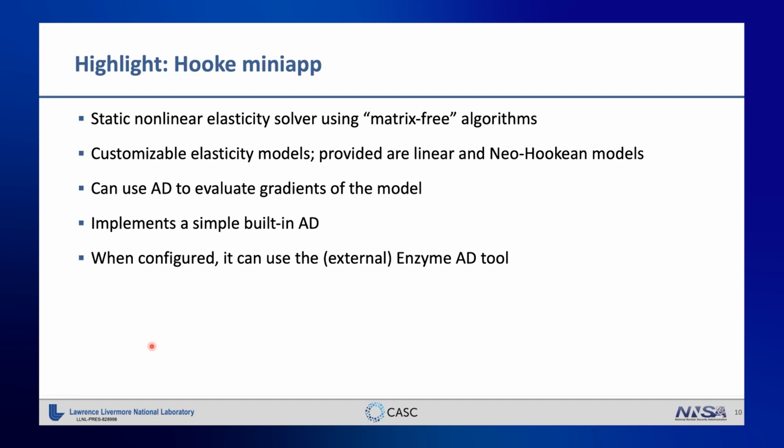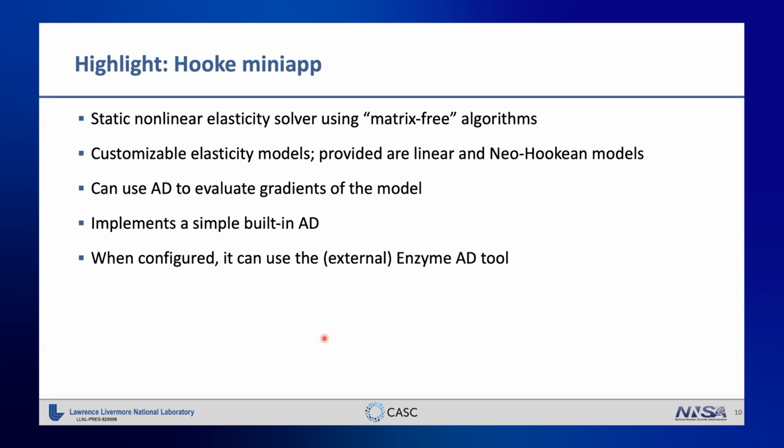So in the best case, you can just specify your energy density function, and then from that, the model can differentiate it automatically. So you don't need to worry about that part. And that could be achieved by the simple built-in AD or using the Enzyme tool, as I already mentioned.